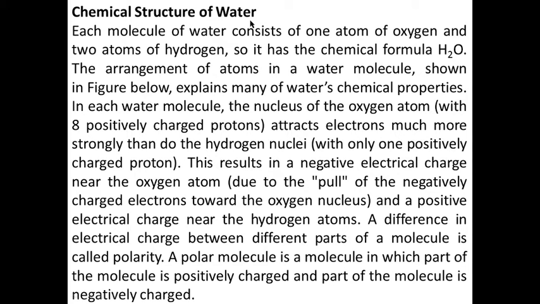Chemical structure of water. Each molecule of water consists of one atom of oxygen and two atoms of hydrogen. So it has the chemical formula H2O. The arrangement of atoms in a water molecule, shown in the figure below, explains many of water's chemical properties.